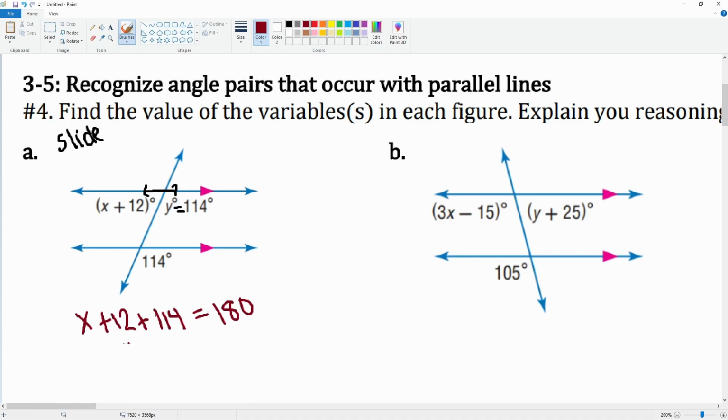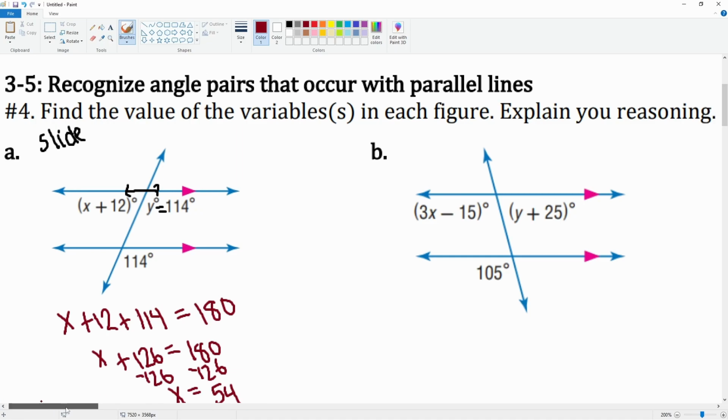Notice we can now solve this. 12 plus 114 is 126, which is equal to 180. So subtract 126 from both sides. You get x is equal to 54. There you go. Good, so that equation from before actually worked out in the end.